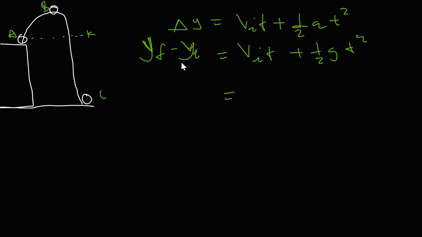Now we're just going to take y initial to the other side. It's going to be y initial, positive now, plus the v initial t that was already here, plus half g t squared.